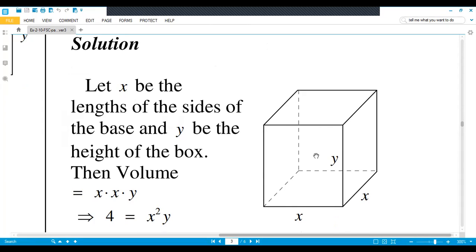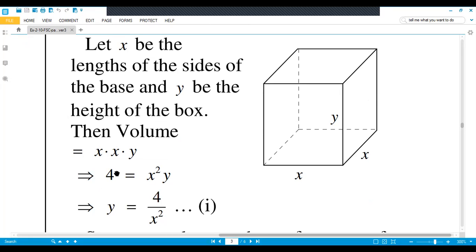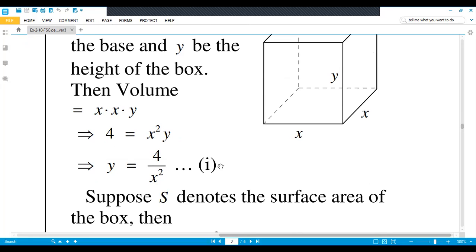The volume formula, you know, is length multiply breadth multiply height. So here we have x square y as the volume, and the volume value is already given, that is equal to 4. So 4 equals x square y. If you want to find the value of y, x square is shifted to the other side, so it will be divided. So y equals 4 over x square; this is equation 1.